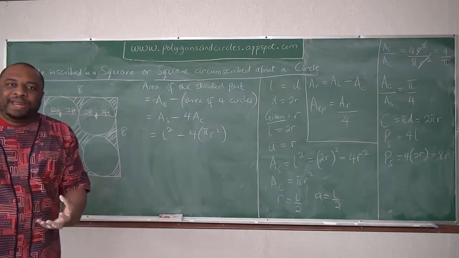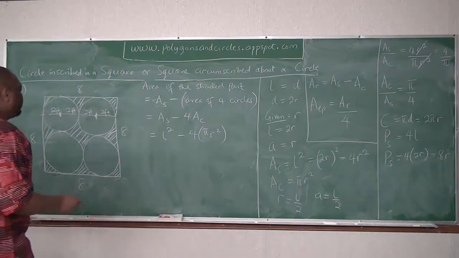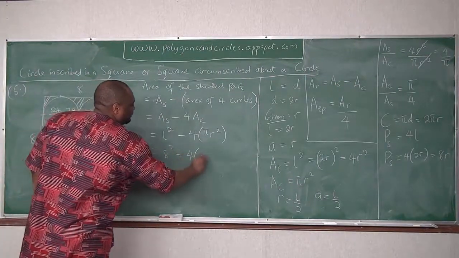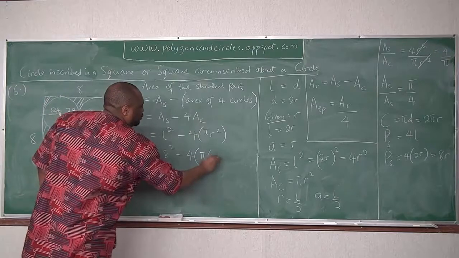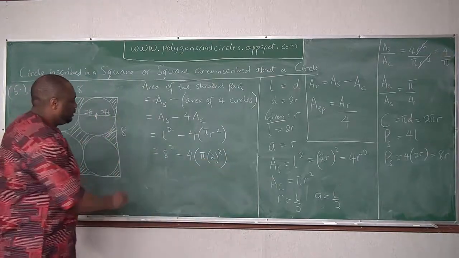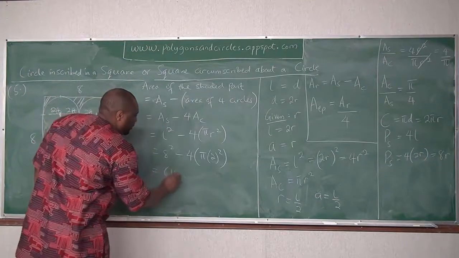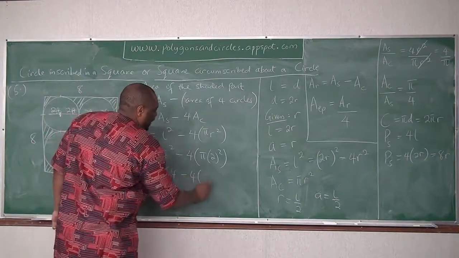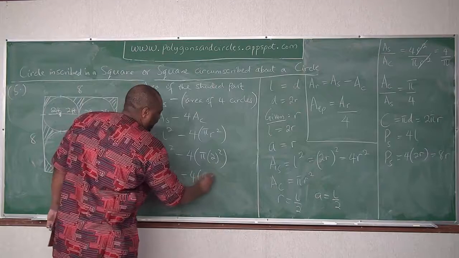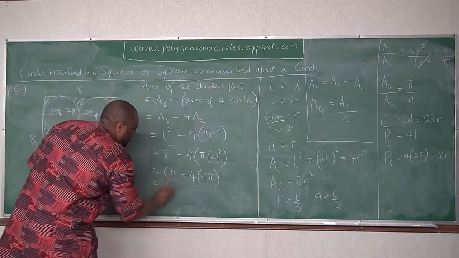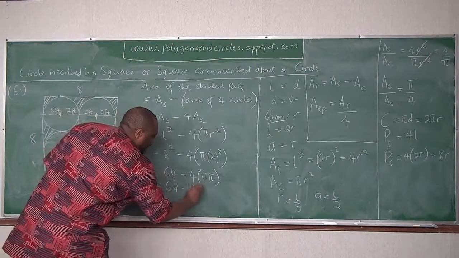So it is 8 squared minus 4 times pi times 2 squared. 8 squared is 64, minus 4 times 2 squared, which is 4 pi. That gives us 64 minus 16 pi.